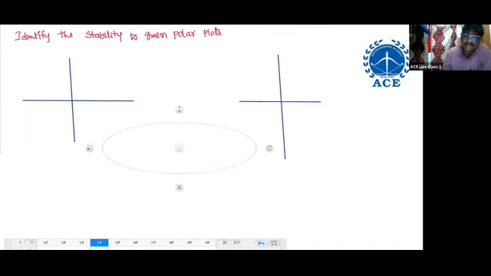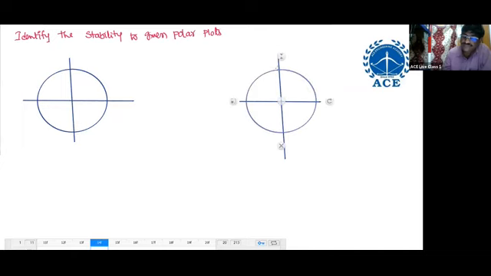Right. Now identify the stability. I'll draw the polar plot. Listen.